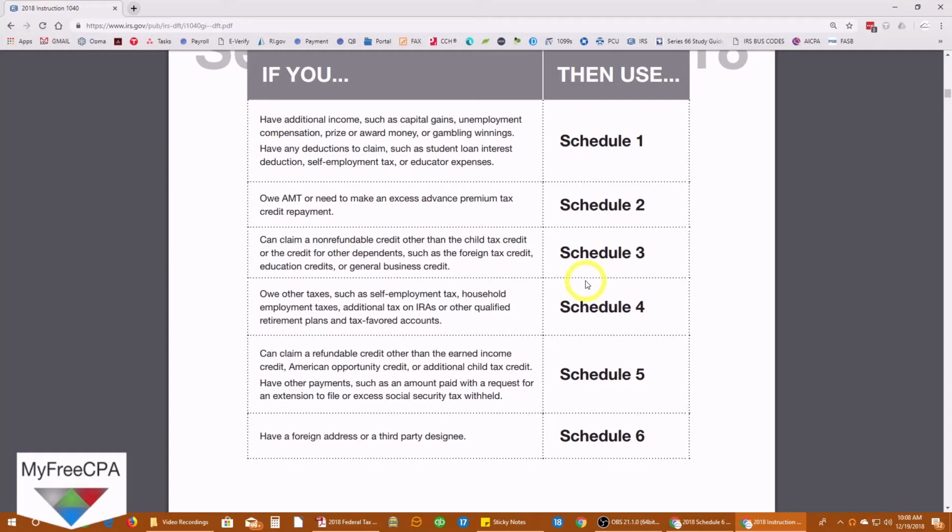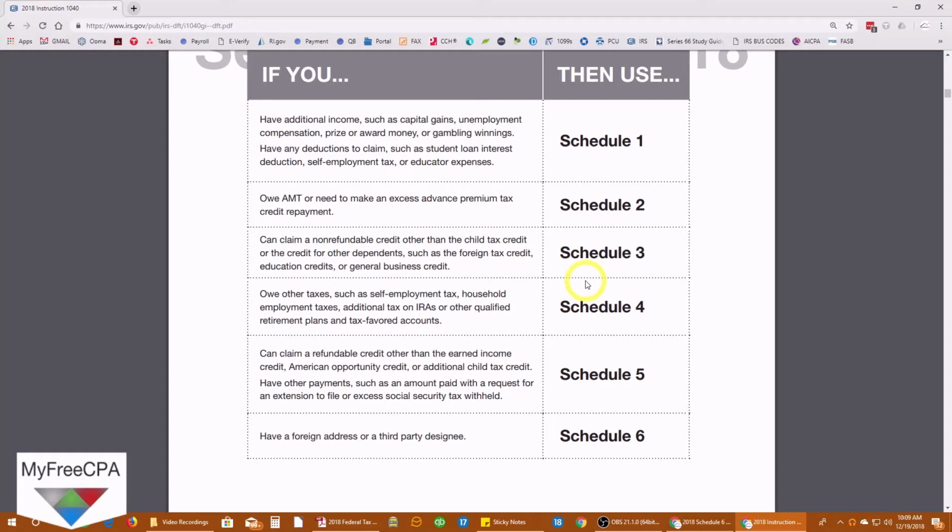This has all to do with Obamacare, right? So if you made a low amount of income in 2017, that qualified you for an advance premium tax credit, right? That means the government gave you money to buy your health insurance through the exchanges.